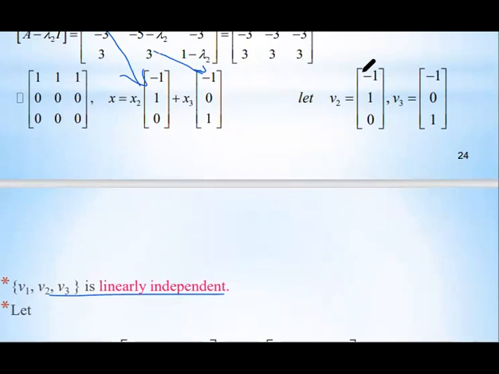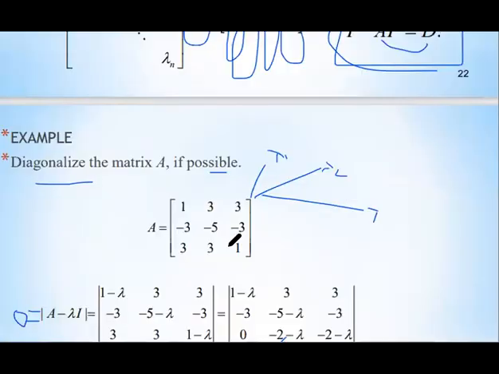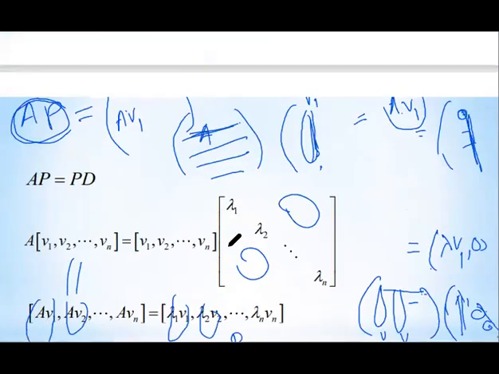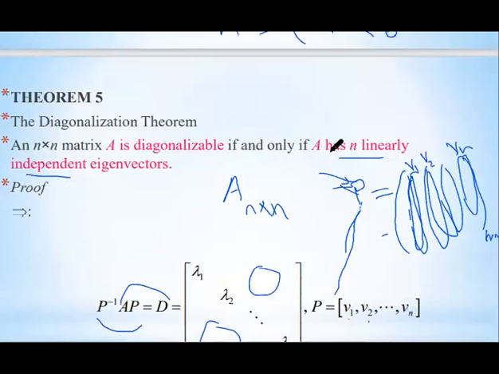You can show these are independent. You will learn this, I think, next year. You can show these three vectors v1, v2, v3 are linearly independent. Therefore, from this theorem, if A has n linearly independent eigenvectors, then A is diagonalizable.